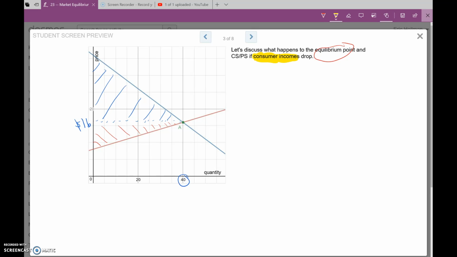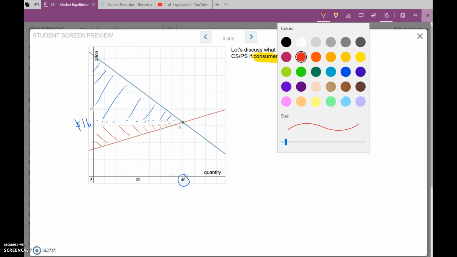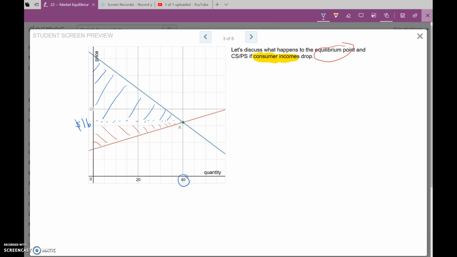If you think back to the first unit on demand functions, what happens if consumer incomes fall? You can go ahead and put in a guess and pause it. When consumer incomes fall, that is an inward shift of their demand curve.